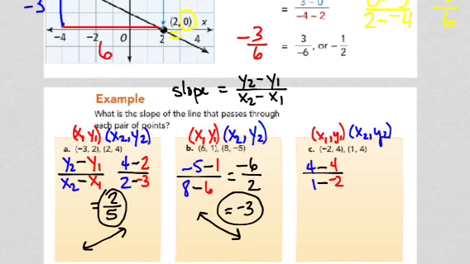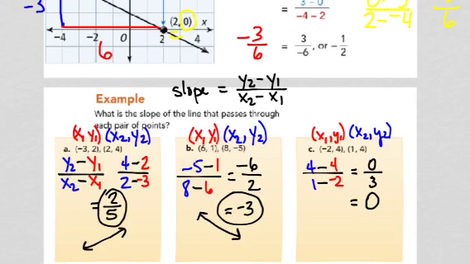So if I do the math there, 4 minus 4 is 0, and 1 minus negative 2 is 3. Now 0 over 3 is possible. Remember, we can't have a 0 in the bottom, but we can have it in top. So my answer is 0.